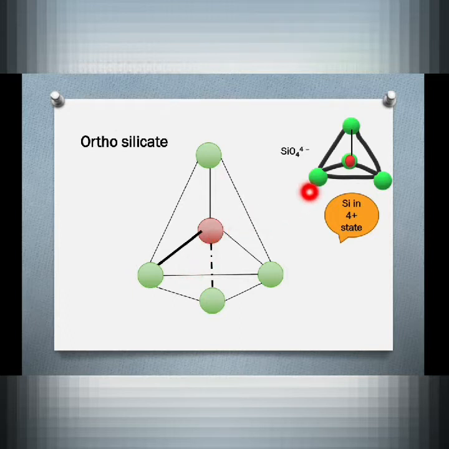So for simplification, we are considering this structure: this red colored one is the silicon atom, and all the green colored atoms are the oxygen atoms, and these are not bonds. Bonds are only between oxygen and silicon. These just show how they are arranged in a tetrahedral manner. This is the simple silicate unit, and it is also known as orthosilicate.